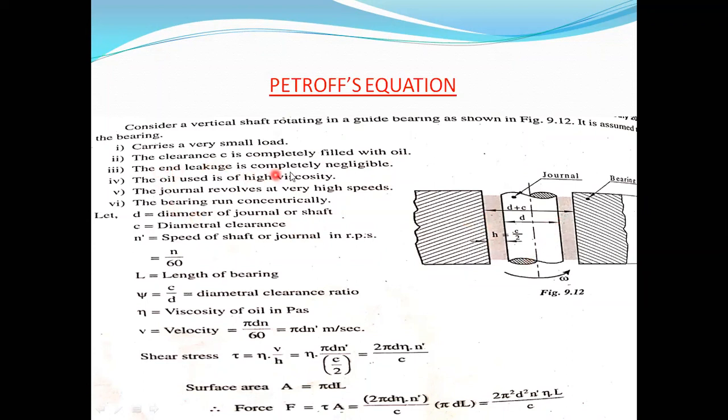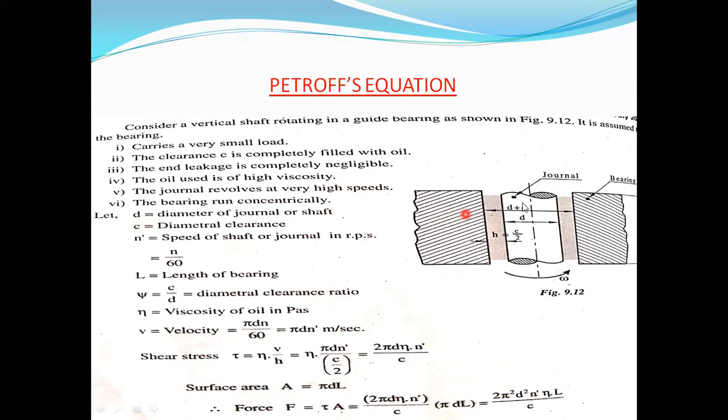The end leakage is completely negligible, there is no leakage inside the bearing. The oil used is of high viscosity. The journal revolves at very high speed, that is, the shaft is rotating at very high speed. The bearing runs concentrically. So these are some of the assumptions we are going to consider in the derivation of mu based on Petroff's equation.